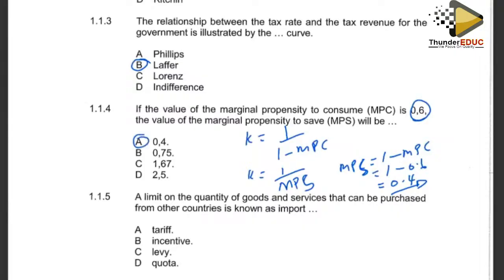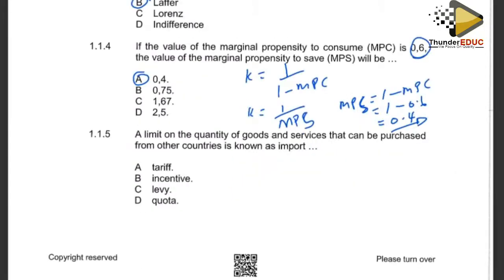Okay, grade 12s, moving on to the next question, we have 1.1.5, which reads as follows: a limit on the quantity of goods and services that can be purchased from other countries is known as import dash.